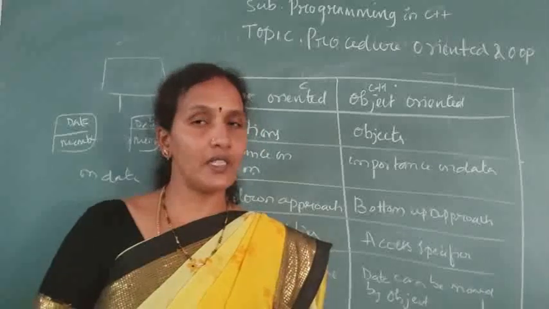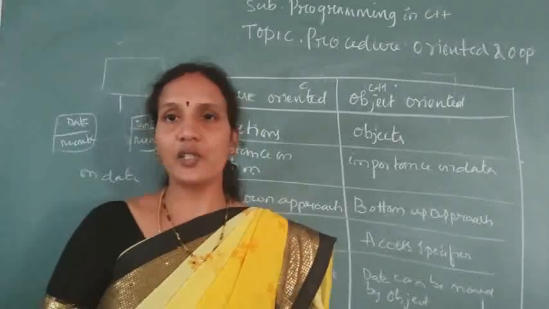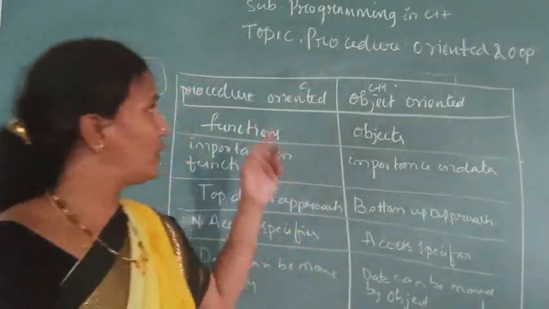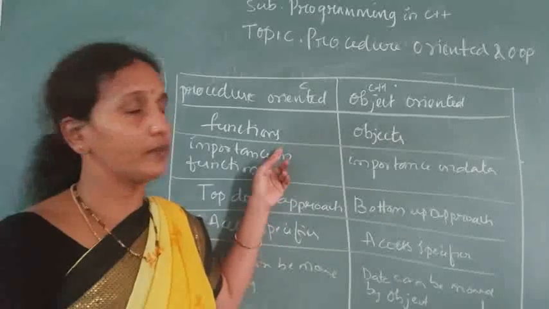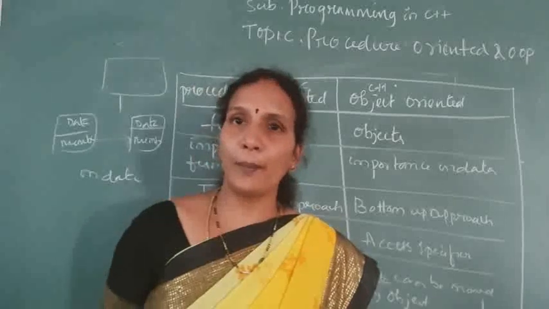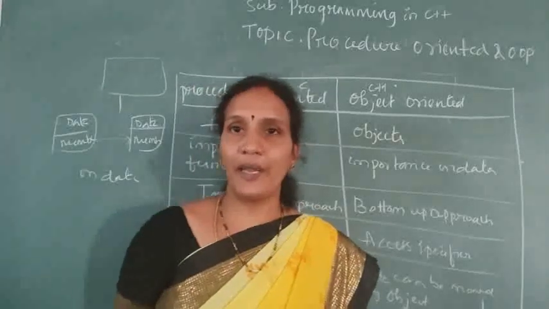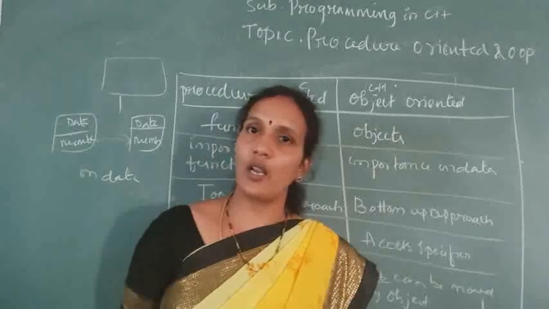I have already explained this part in C programming: main function, sum, subtraction, such functions. According to your requirement, you can create any number of functions in a C program. In object-oriented programming, the total program is divided into objects, entities. Those entities are called objects.